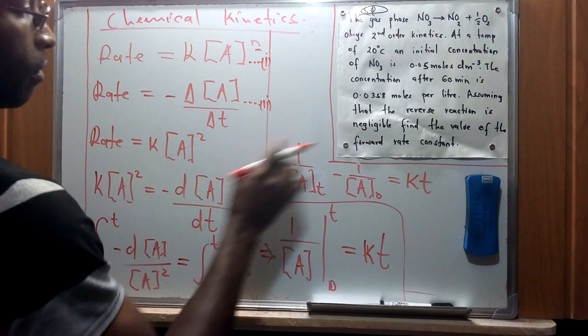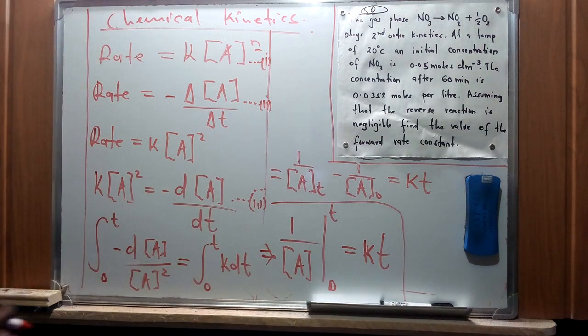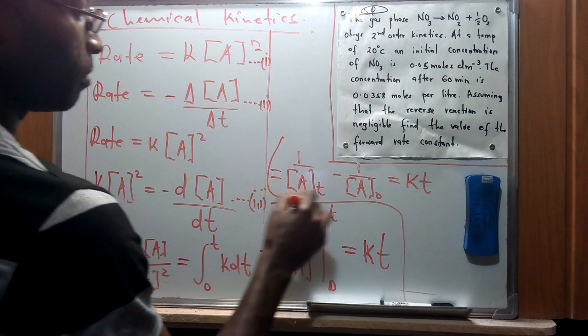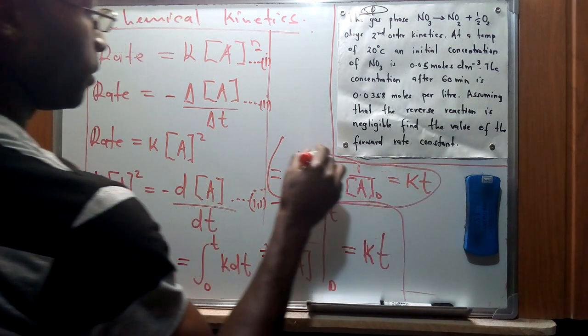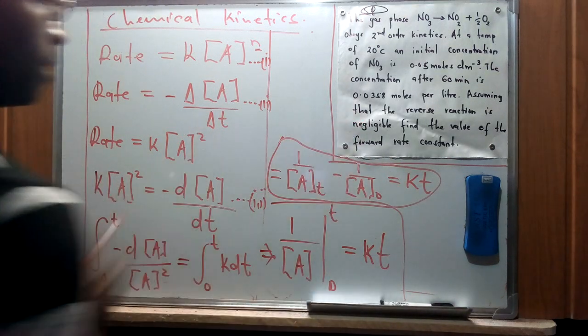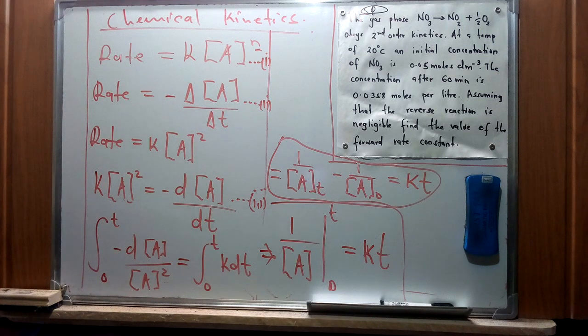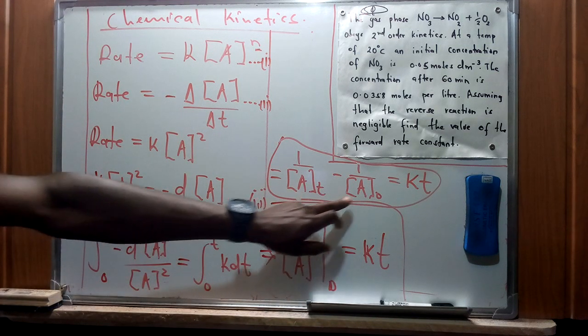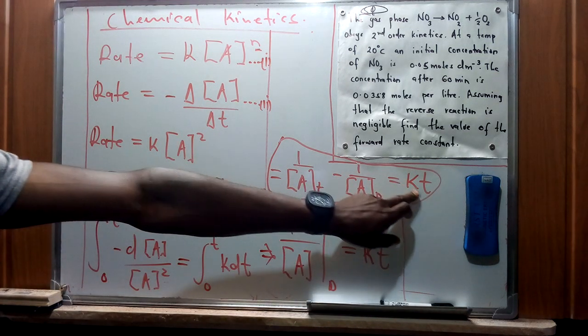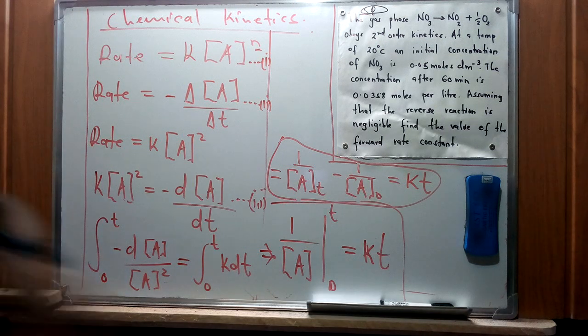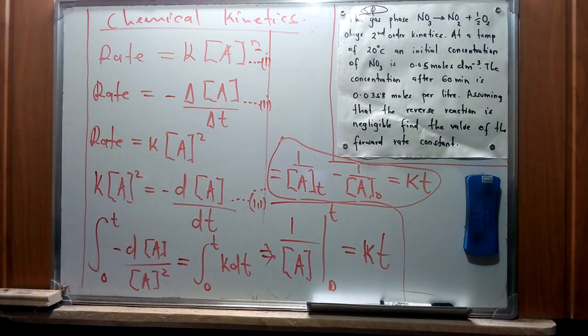So therefore the representation for this specific equation is going to give me a way in which I'm going to find the concentration at a specific time t, the initial concentration, and then the time that is taken. And from this I can calculate the reaction rate constant.